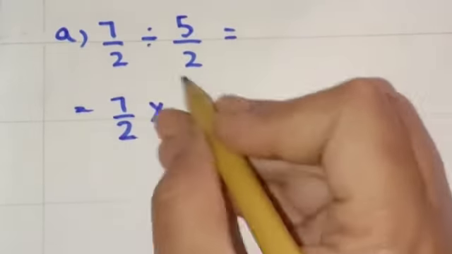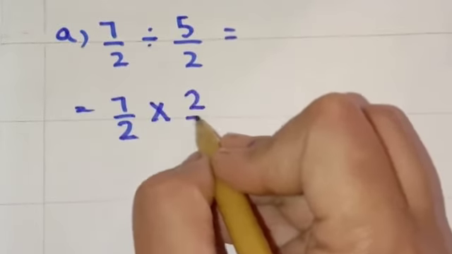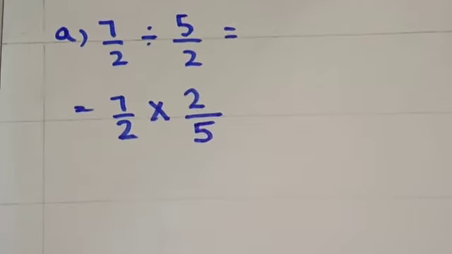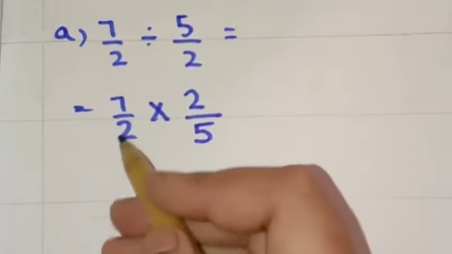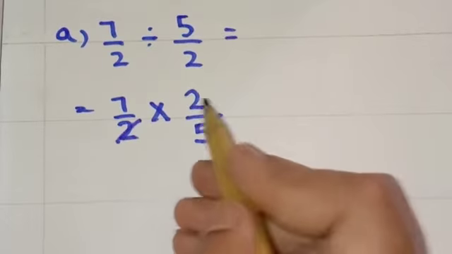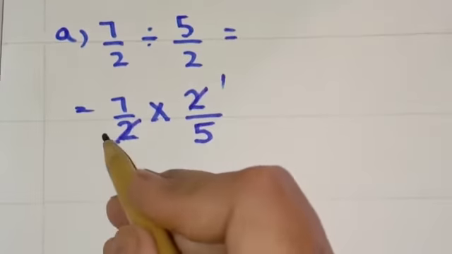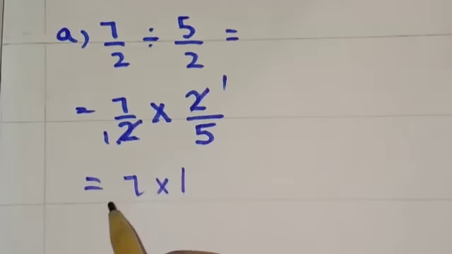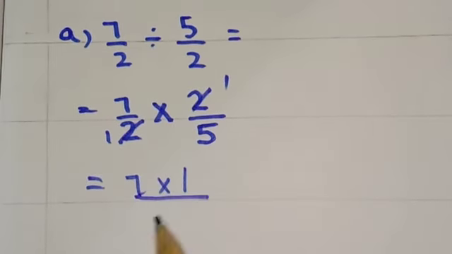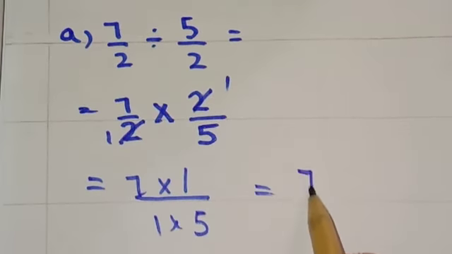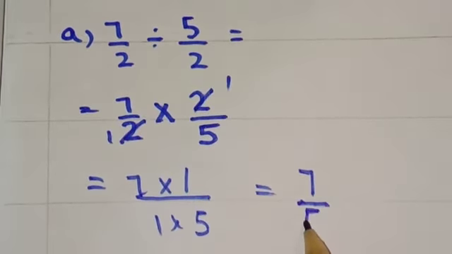After taking reciprocal, the second term, which was 5 over 2, will now become 2 over 5. Now you can see that we can cancel 2 by 2, 2 ones are 2, 2 ones are 2. Now we have 7 multiplied by 1, and here we have 1 multiplied by 5. It will become 7 over 5.